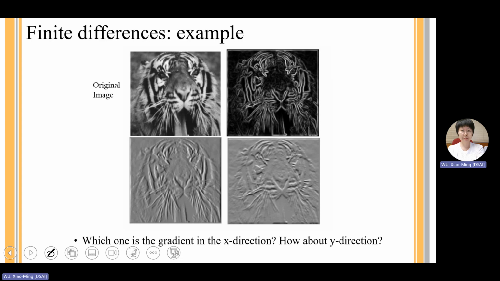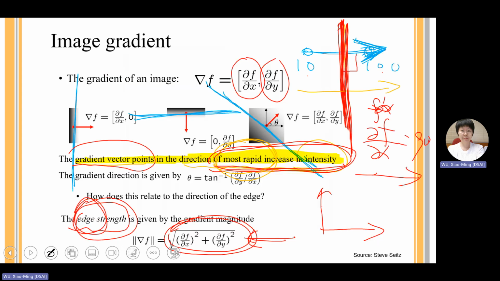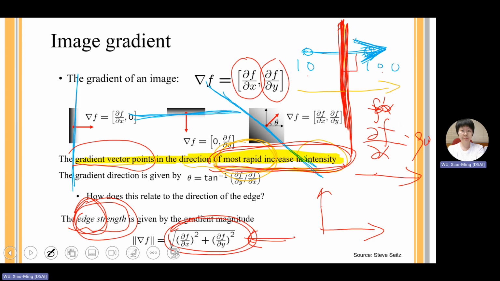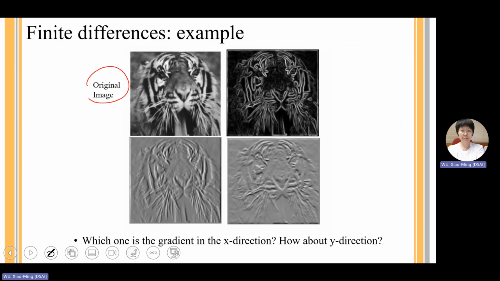Now let's do a small exercise. We have this original image, and we apply our x derivative and y derivative to the images. Can you tell which image is the result of the x derivative, and which one is the result of the y derivative?